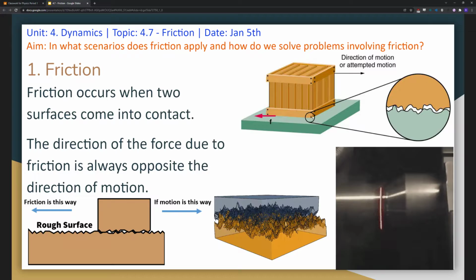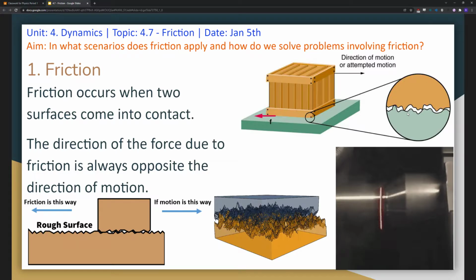If you look at the crate and the ground in the magnified image, you see all these valleys and ridges. It's jagged. Friction is created when these two surfaces rub against each other, and these peaks, these ridges, hit each other.